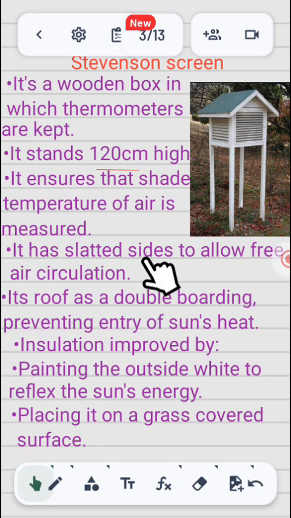It has slatted or louvered sides to allow free air circulation. Its roof has a double boarding, and this prevents the entry of the sun's heat. Another thing which improves the insulation is that it is painted white, so this reflects radiant energy.